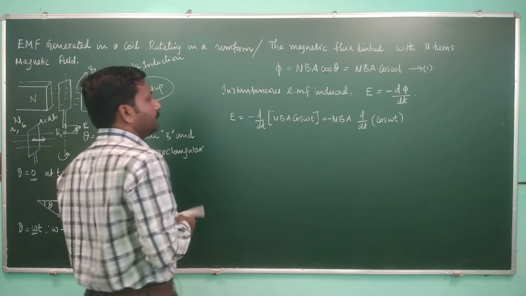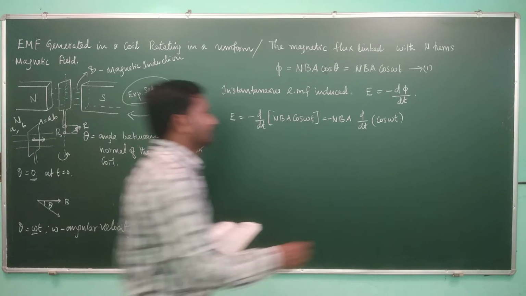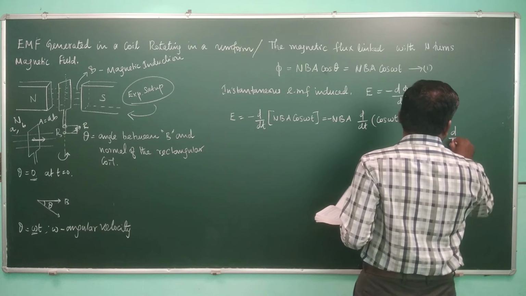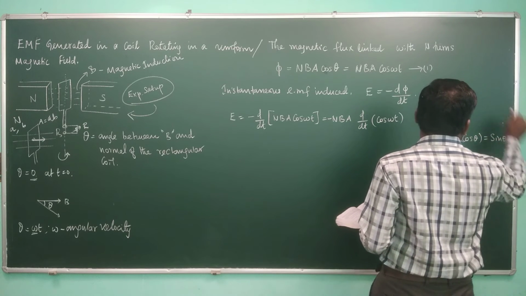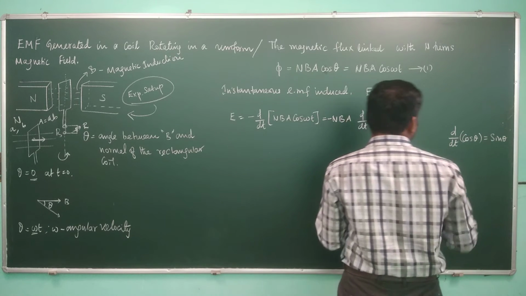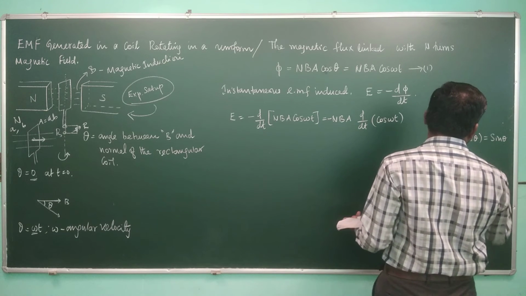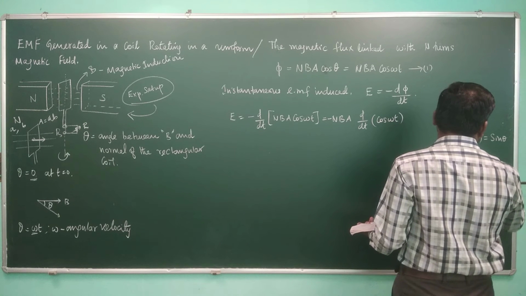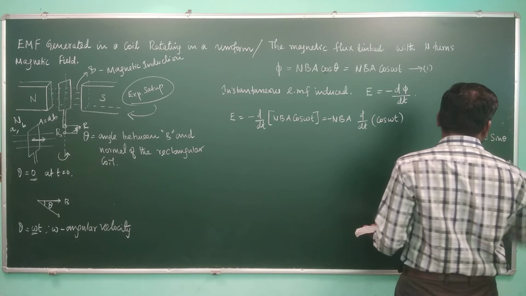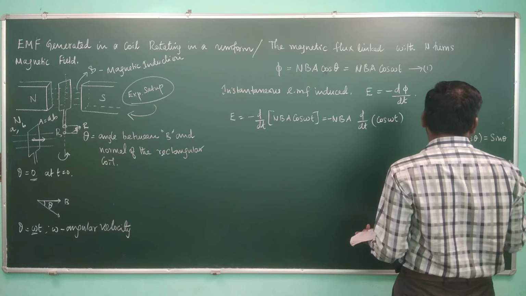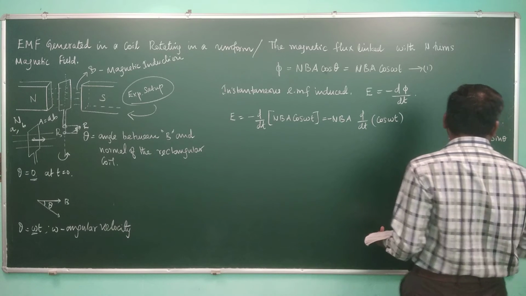The differentiation of cos theta is equal to minus sin theta. At the same time, if you write d by dt of cos n theta, then you get minus sin n theta into d of n theta, that becomes n, so this becomes minus n sin n theta.